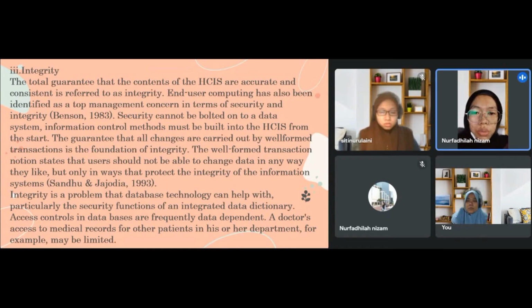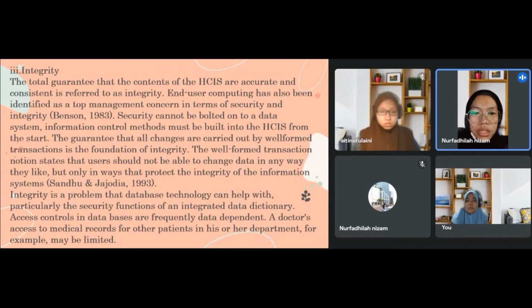Security cannot be bolted onto a data system. Information control methods must be built into the HCIS from the start to guarantee that all changes are carried out by well-formed transactions, which is the foundation of integrity.